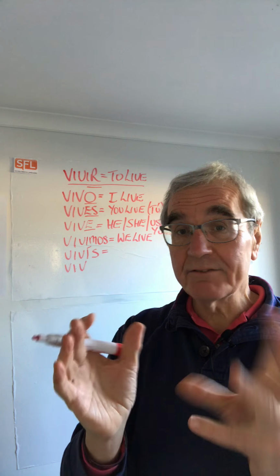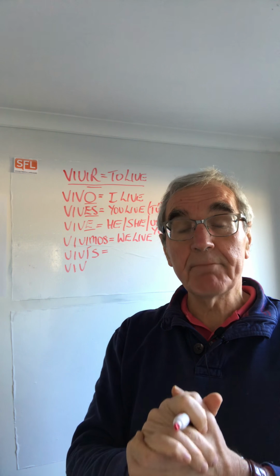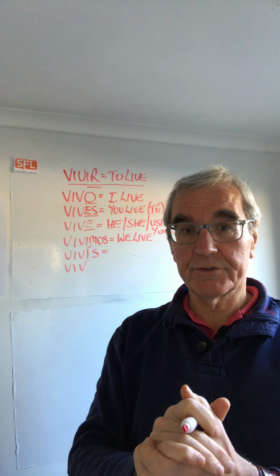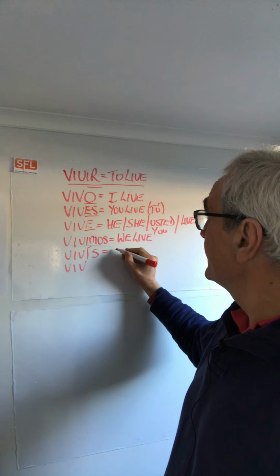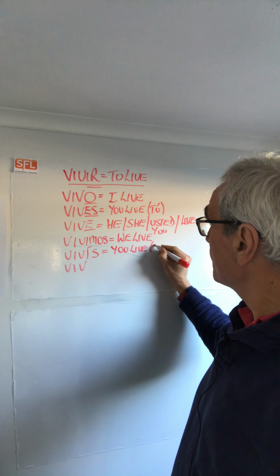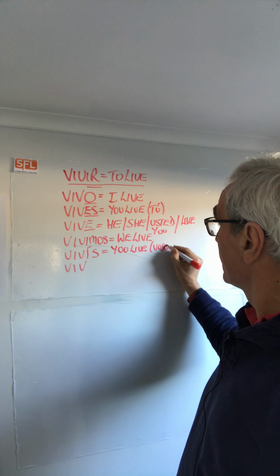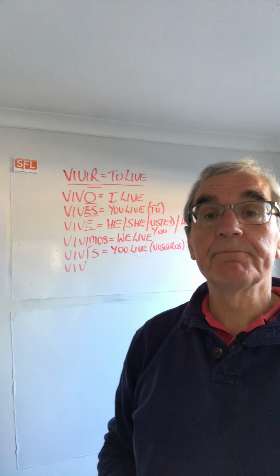In English we don't separate out singulars and plurals with the you, but in Spanish you've actually got 4 words for you. Let's not get too complicated, but this one here is you live, and it's what we call the vosotros form, you live.